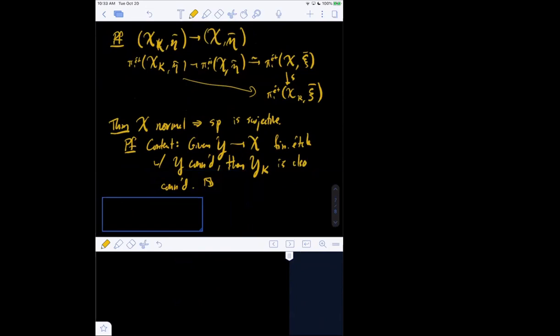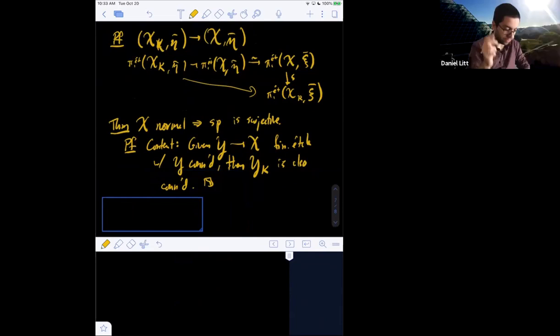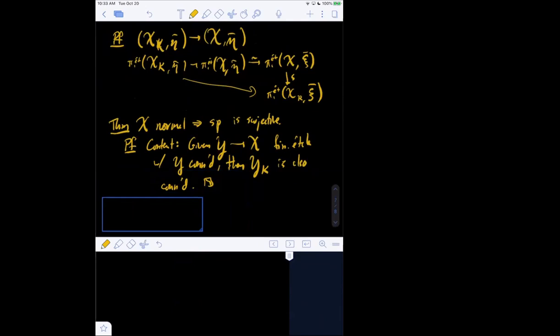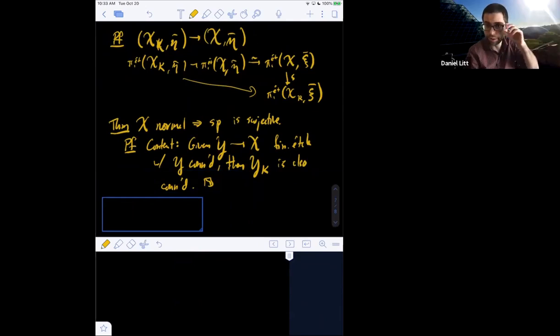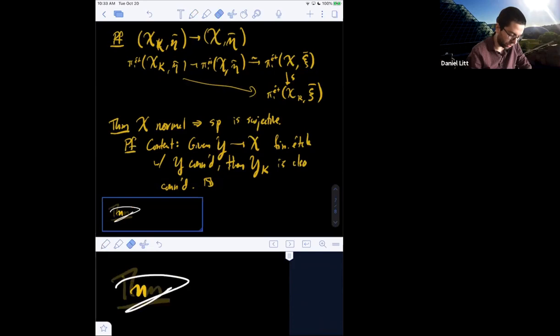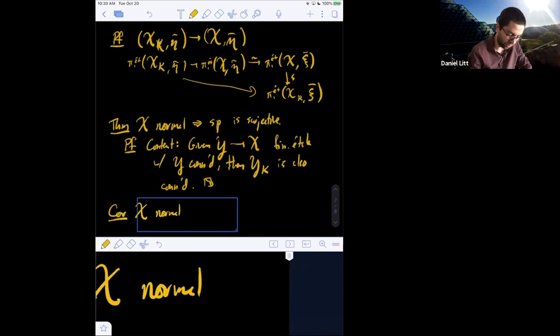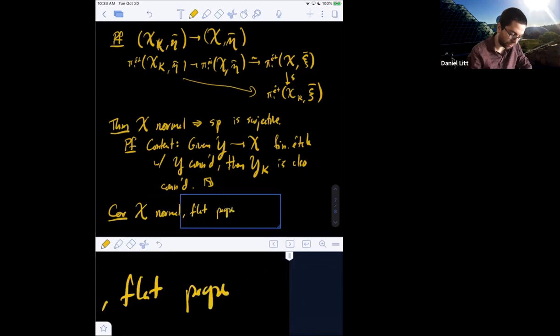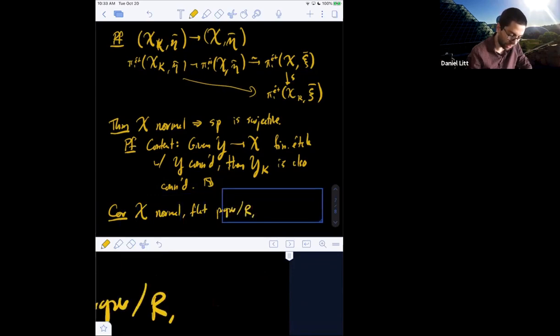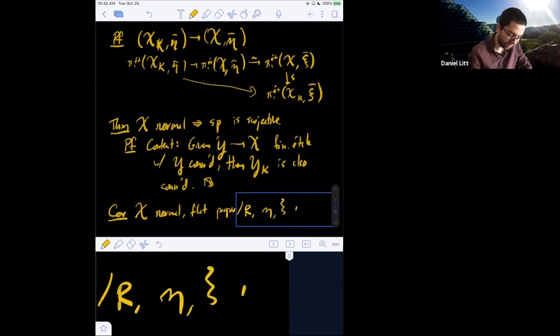Can you give an example to keep in mind, maybe? Yeah, sure. I'm about to do that. Let me briefly state one more theorem. Maybe this is a corollary. So again, we have X normal, flat and proper over R, and we have eta and c as above.